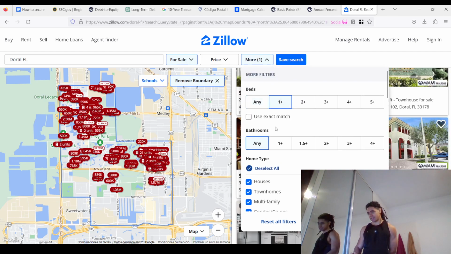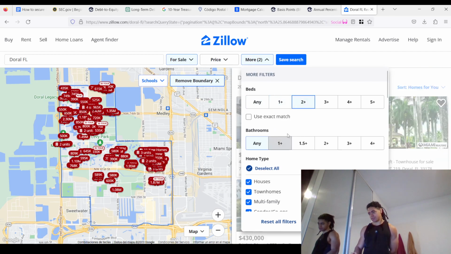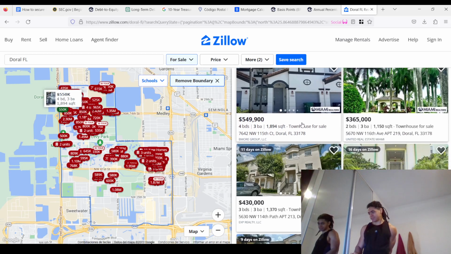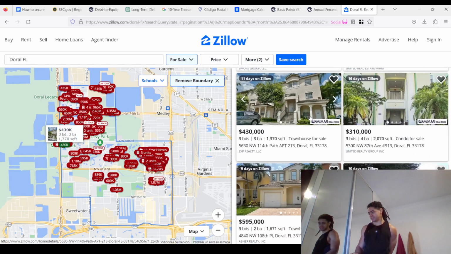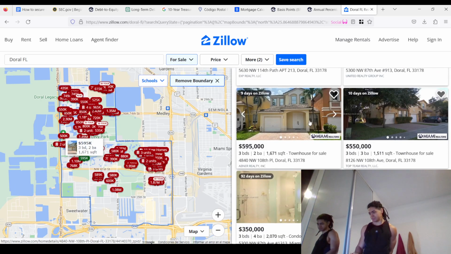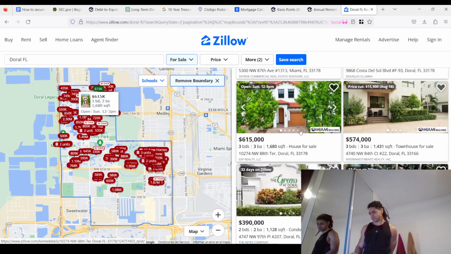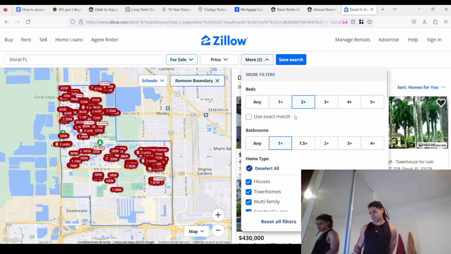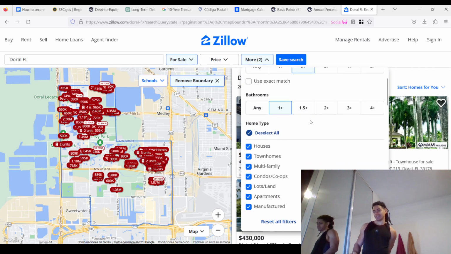One bath or two bath, one bathroom. It's like one bath, three bathrooms. It's way too much, man. Oh, if you have kids, of course.